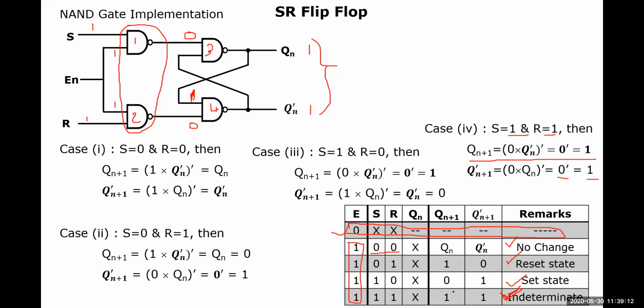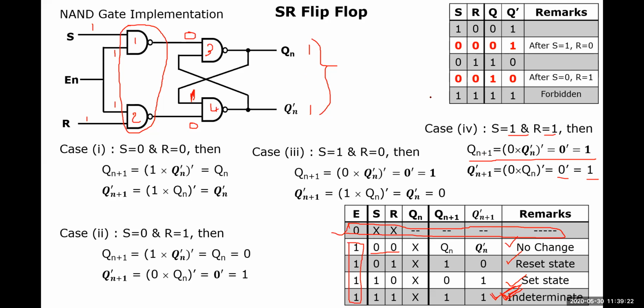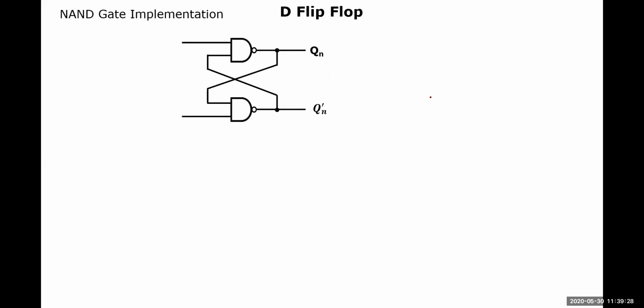Then how could you eliminate this particular kind of situation in the SR latch? There is one possibility for eliminating it. That is the D flip-flop. Only one input will be there. Let us look at this particular logic diagram. Only one input is there with me.